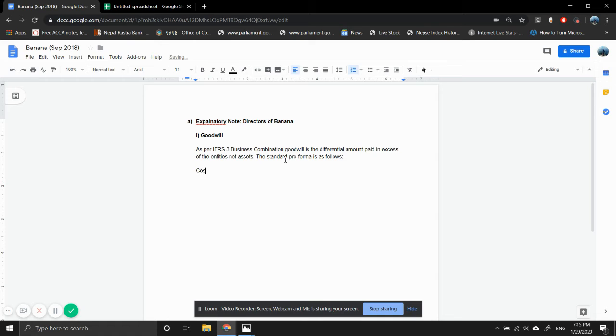Cost of investment x, fair value of NCI one x, and then after that subtotal, and then another x, then after that less net assets at acquisition. Total, right?